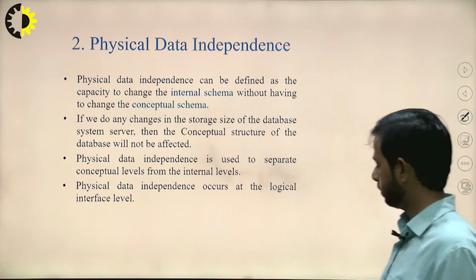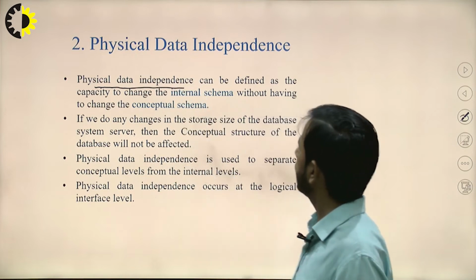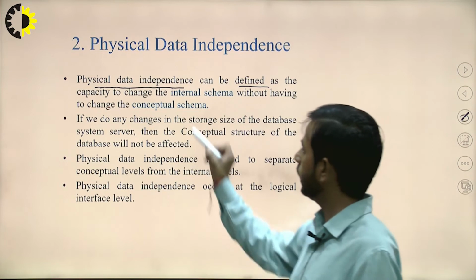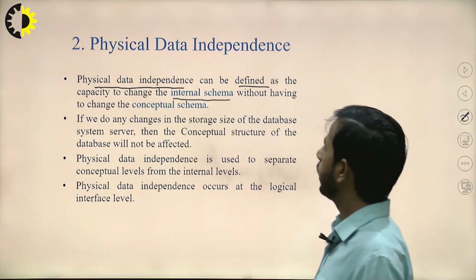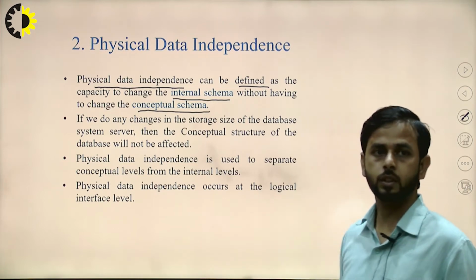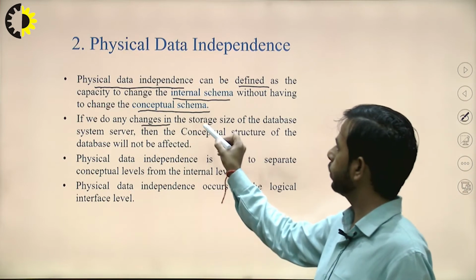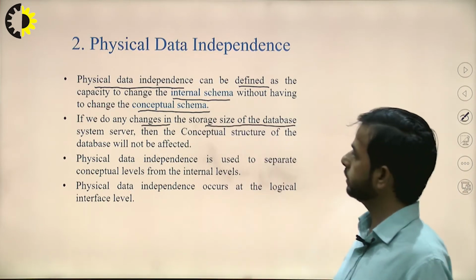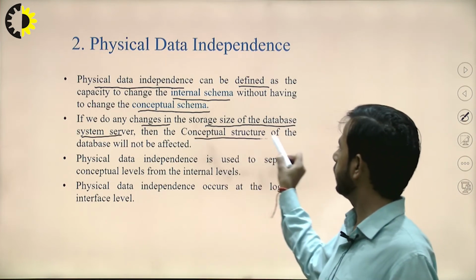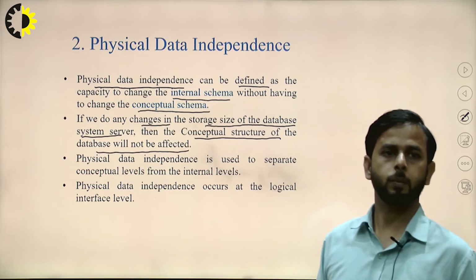Physical data independence can be defined as the capacity to change the internal schema without having to change the conceptual schema. If we make any changes in the storage size of the database system server, then the conceptual structure of the database will not be affected.